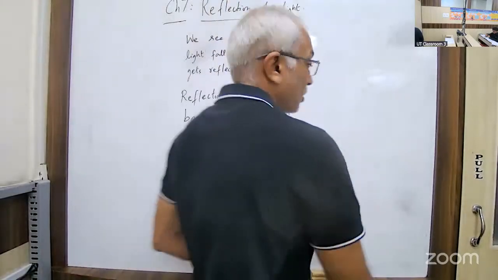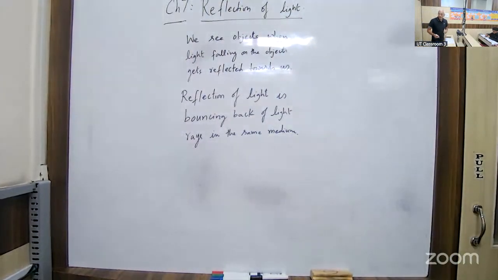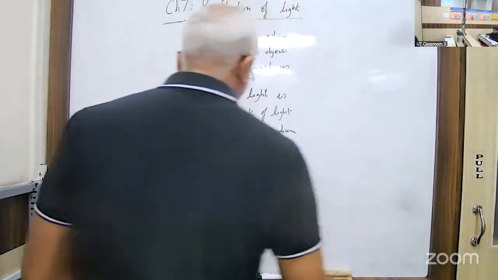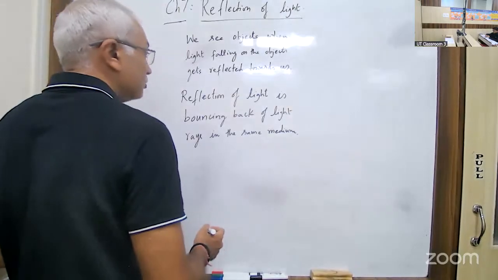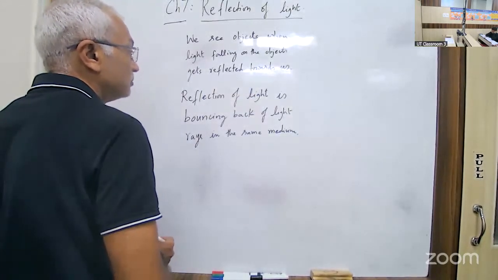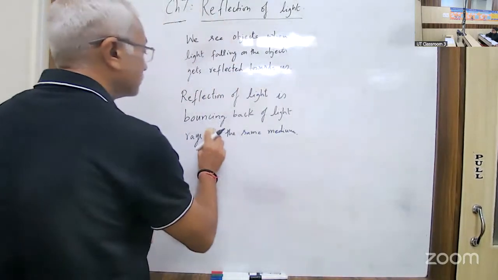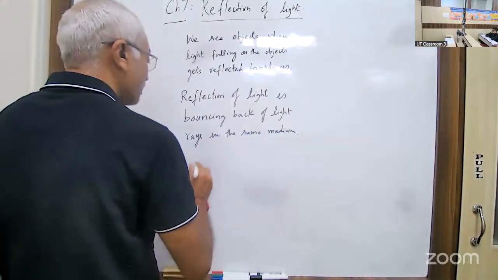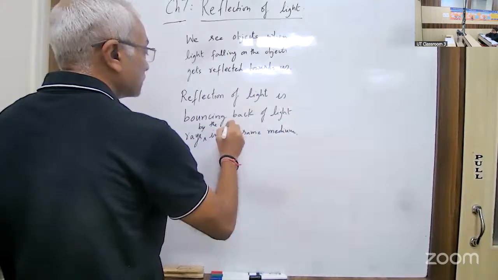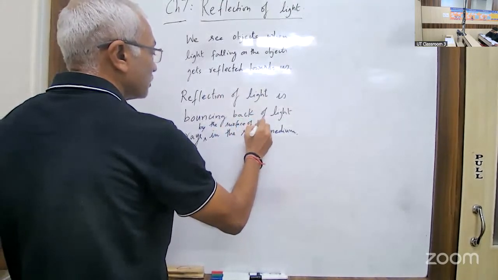It is the bouncing back of light in the same medium, and I use the word ray. So who bounces back the light? The surface of the object. Light is bounced back by the surface of the object.